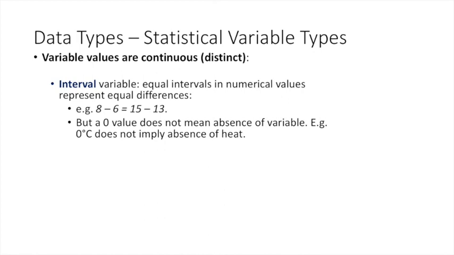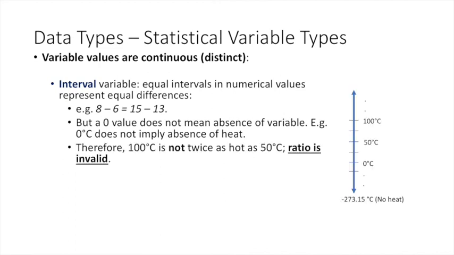Because 0 does not signify the absence of the variable, the ratios of values are also invalid. For example, 100 degrees Celsius is not twice as hot as 50 degrees Celsius because heat begins at minus 273.15 degrees Celsius, and therefore the heat interval of up to 100 degrees Celsius is not double that of up to 50 degrees Celsius.